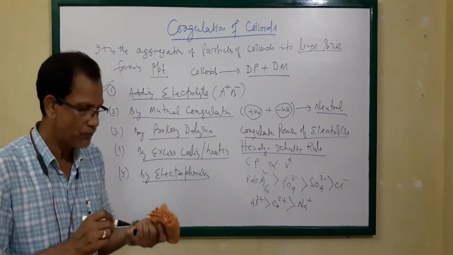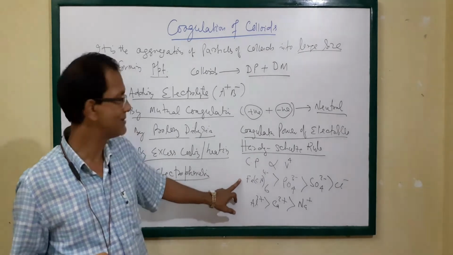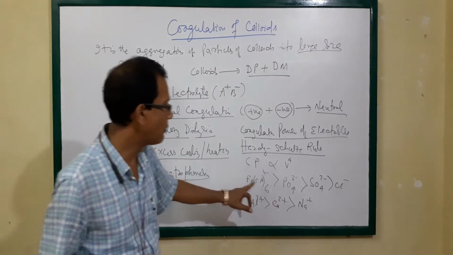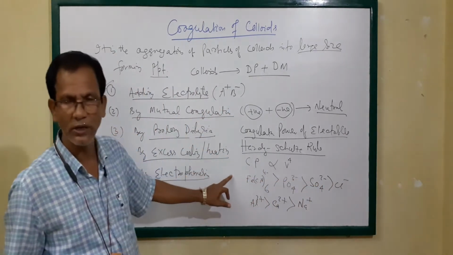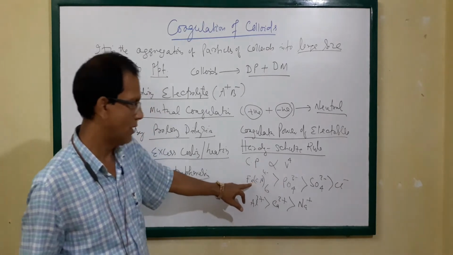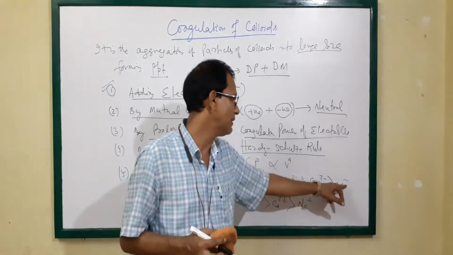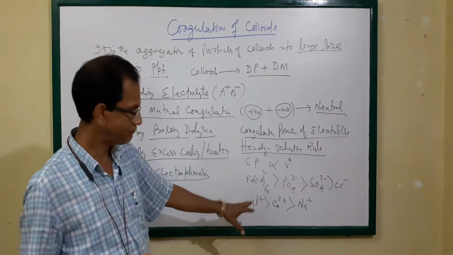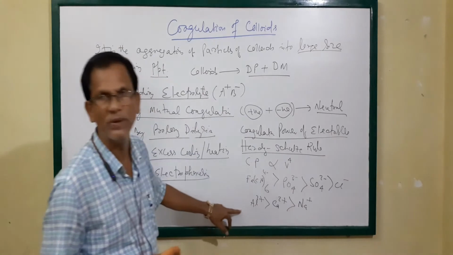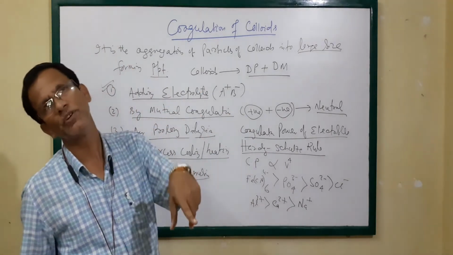So if the colloid has a positive charge, then the negative ions will coagulate it, and the coagulation power of these negative ions is in decreasing order: 4 minus, greater than 3 minus, greater than 2 minus, greater than single minus. Similarly, for coagulation of negative sols, these cations will be more effective, because a negative colloid is coagulated by positive ions.